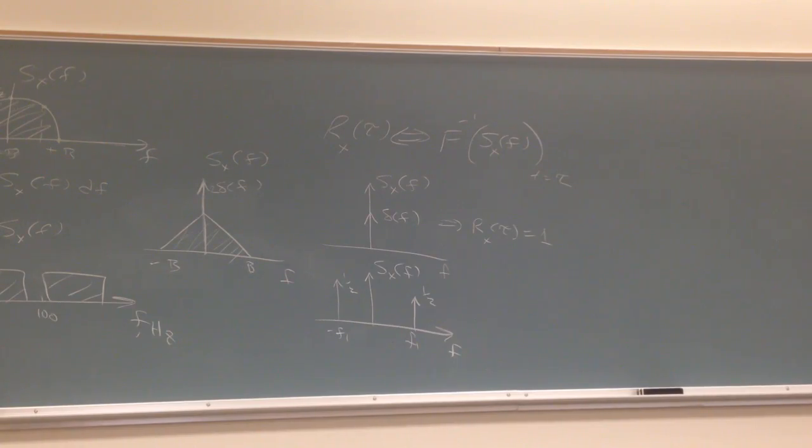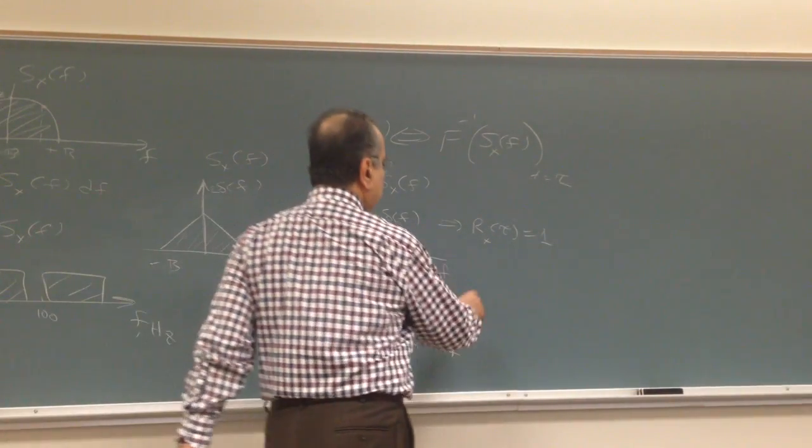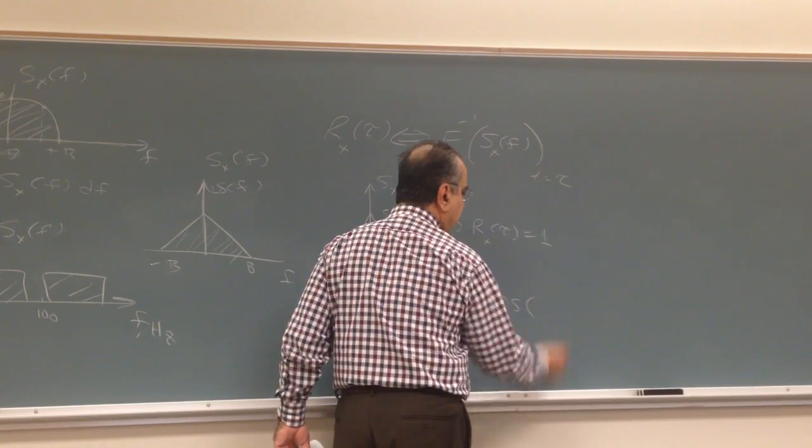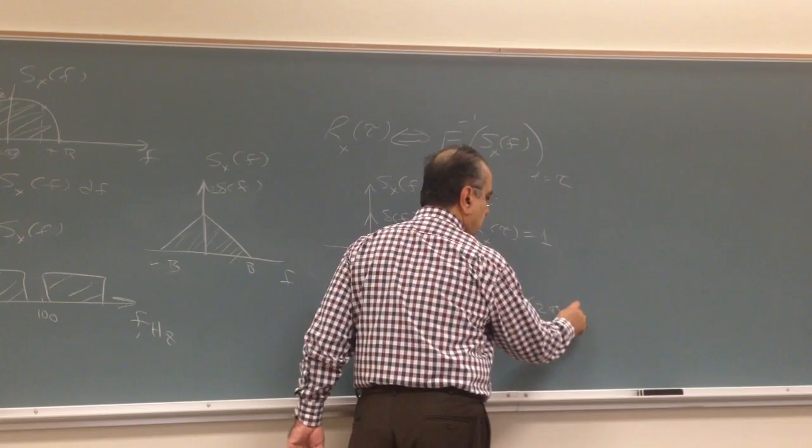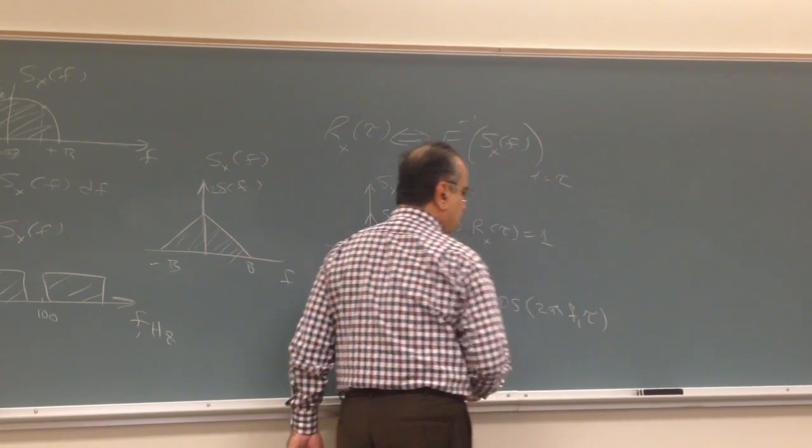Sinusoids. Yes, it would be cosine of 2 pi F1 tau.